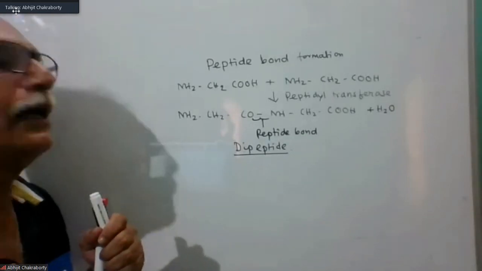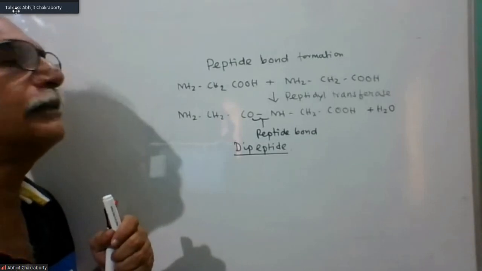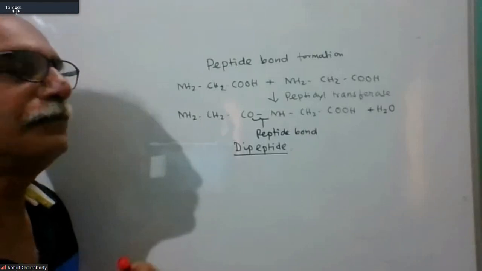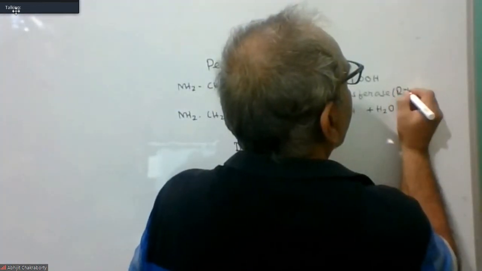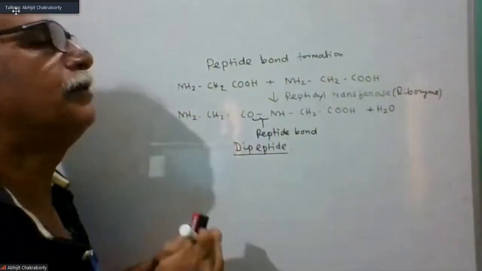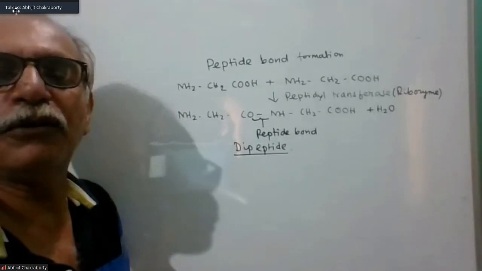The enzyme that catalyzes peptide bond formation is peptidyl transferase, and it is a ribozyme. Ribozymes are not protein in nature, actually RNA with a catalytic role is called a ribozyme.